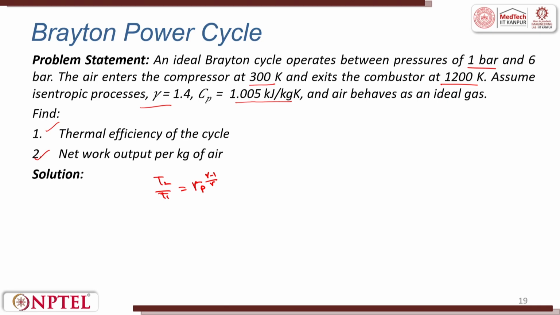Then heat supply, that is Q in is equal to Cp into T3 minus T2. Using all these relations, you can try to find the thermal efficiency and net work output per kg of the air. This is a problem for you to solve. You will get the solution in the notes file. I will solve it and give it to you, so that you can check your results.